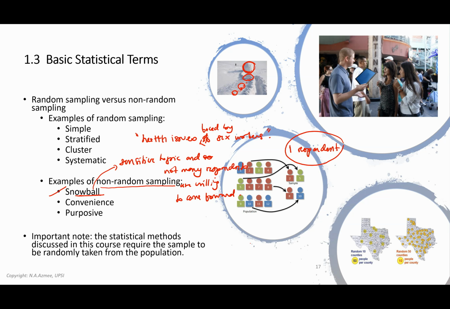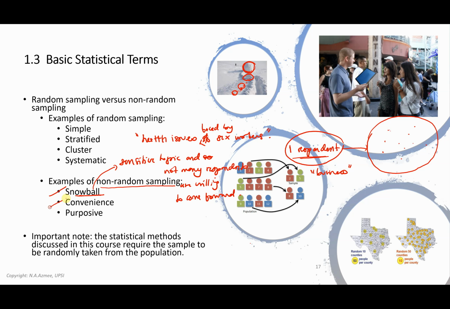Then you can grow your sample size by asking this respondent to recommend her friends that are also doing the same business. That way your sample size will grow and you will get enough respondents, hopefully. So that is an example of a scenario that illustrates the idea of snowball sampling.